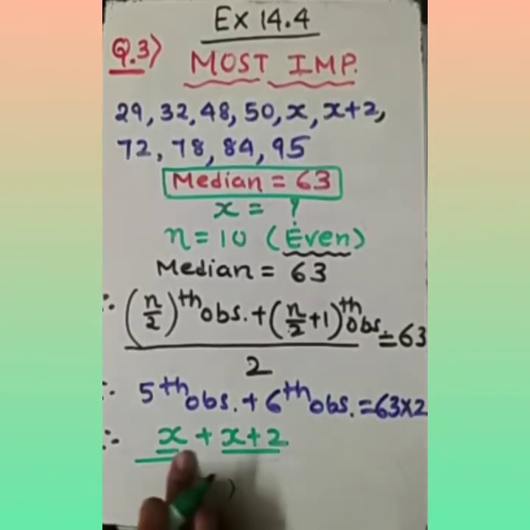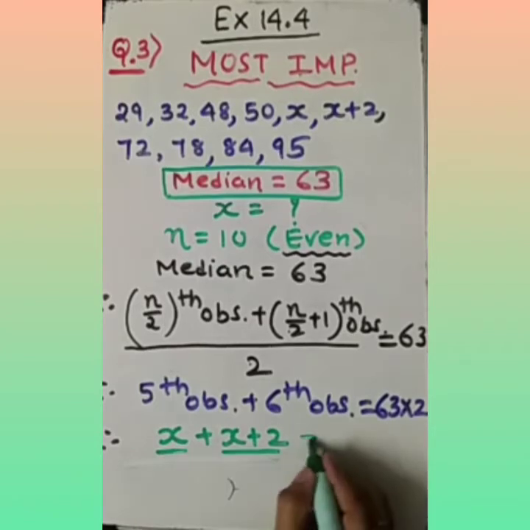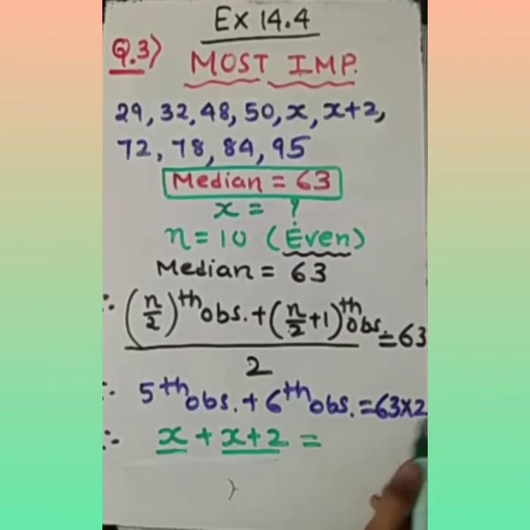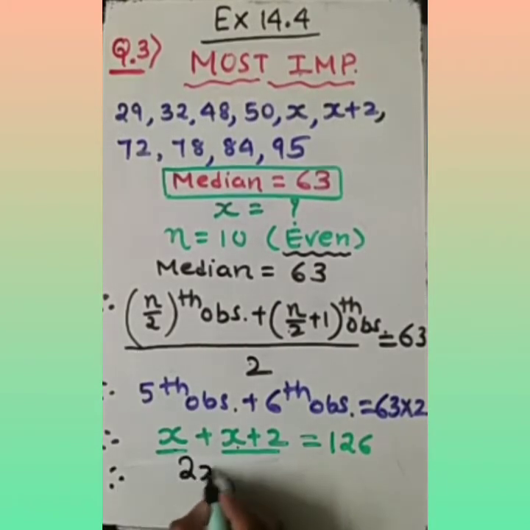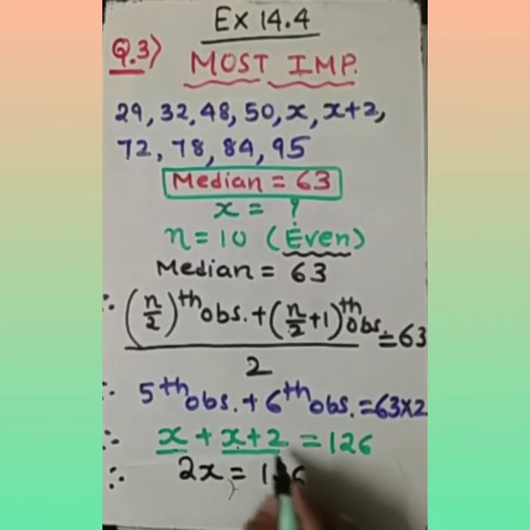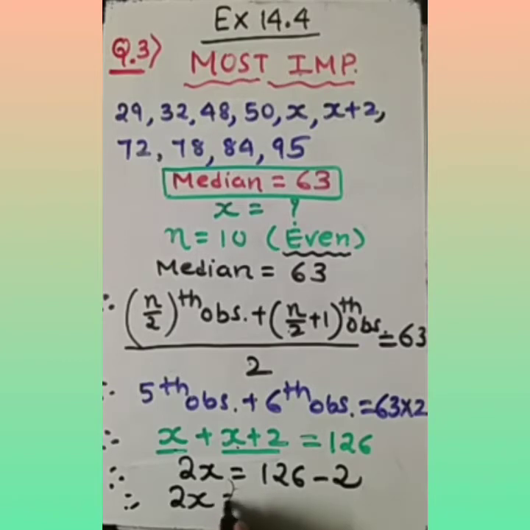And separately, that is equal to 63 times 2, which is 126. So let's simplify this simple equation: x plus x plus 2 is 2x plus 2, equal to 126. This 2 will be shifted to that side as minus 2. So 126 minus 2 is 124.